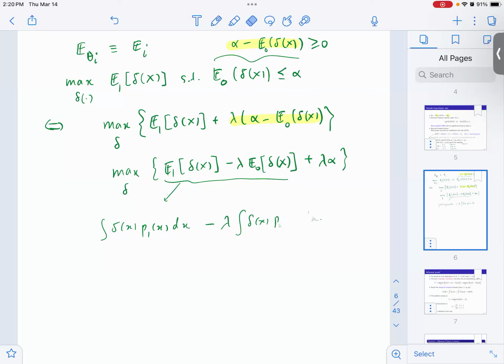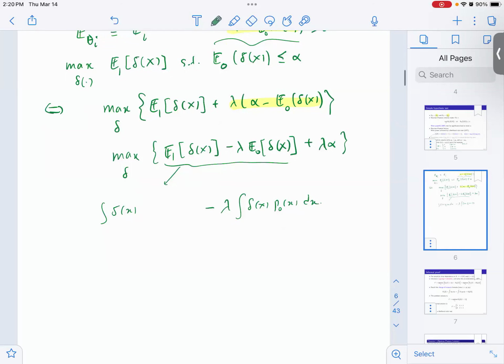Okay, good. So I write it as basically L of x times P naught of x dx. And then I can combine. So I get integral delta x, L of x minus lambda delta x, P naught of x dx.